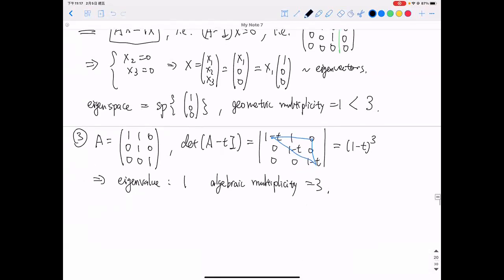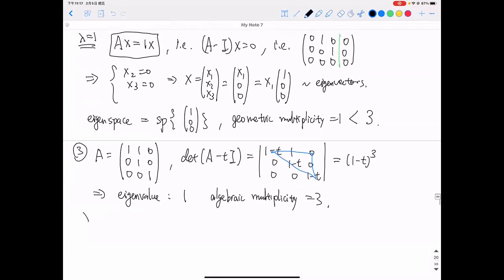Okay, very well. So now let's compute the eigenspace. So we still need to study the system Ax equals 1x, and that's the same as (A minus I)x equals 0. The augmented matrix is also easy to write.